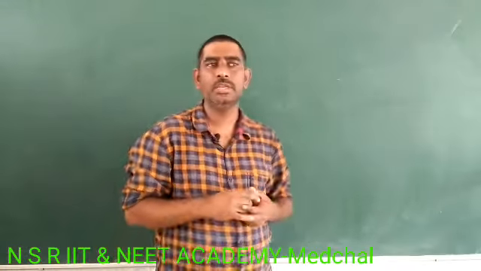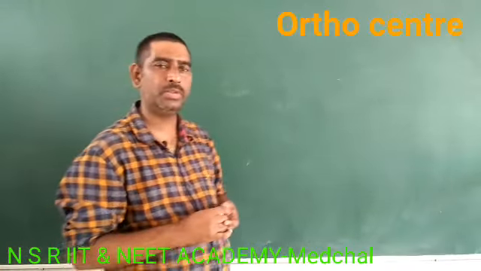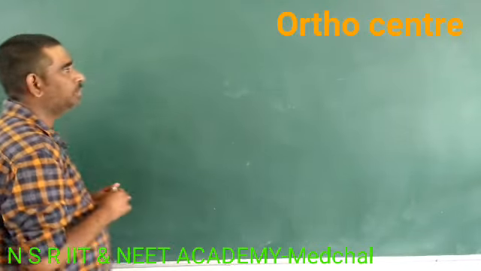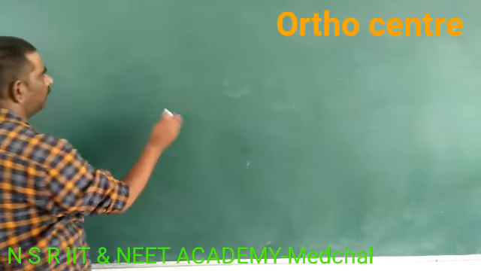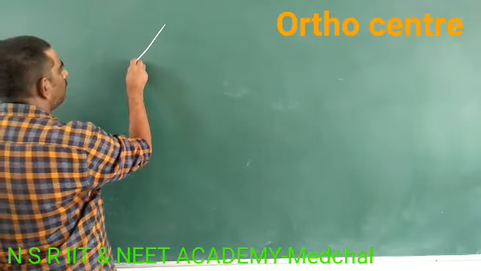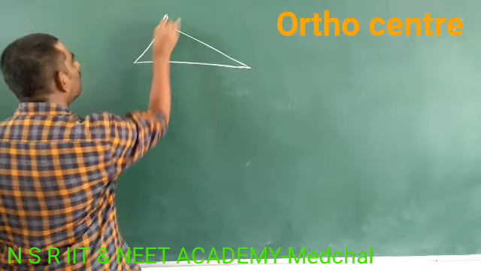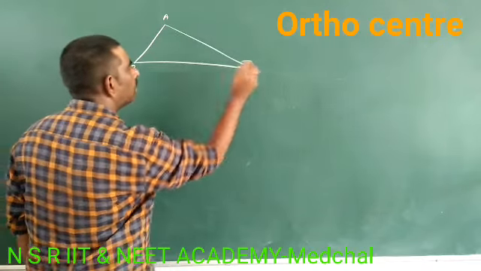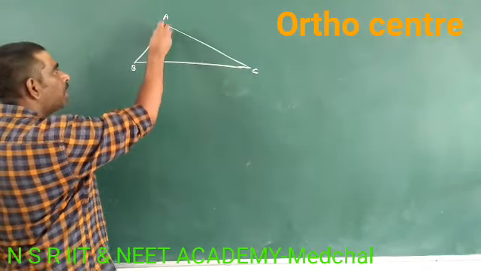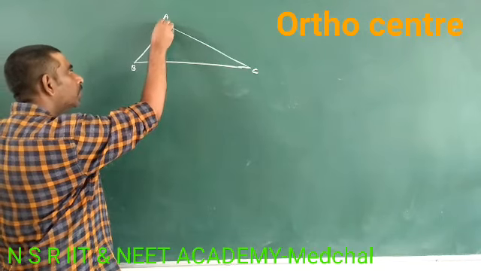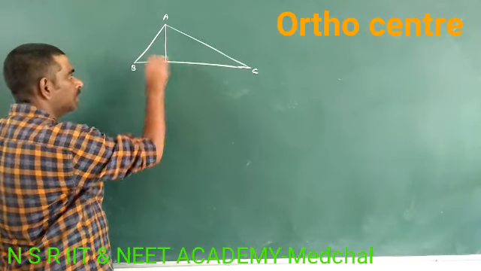So the next one is the orthocenter. Before the definition of the orthocenter, we need to learn about the altitude. What is the altitude? In a triangle ABC, we can draw a perpendicular line from a vertex to the opposite side. So this AD is called an altitude.